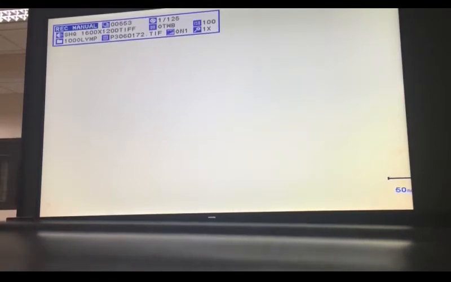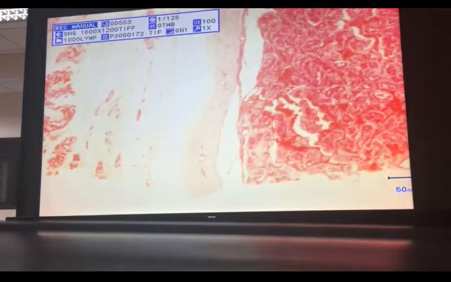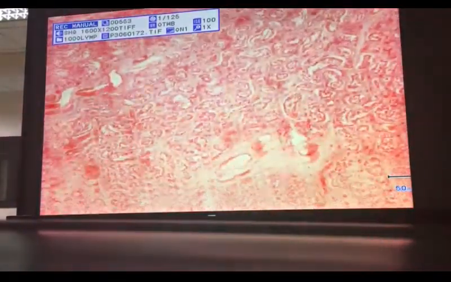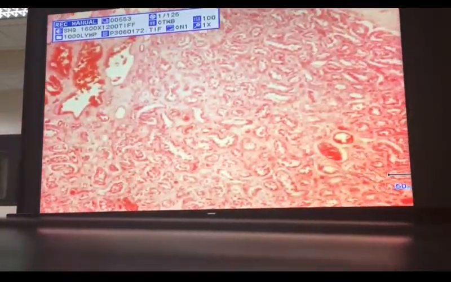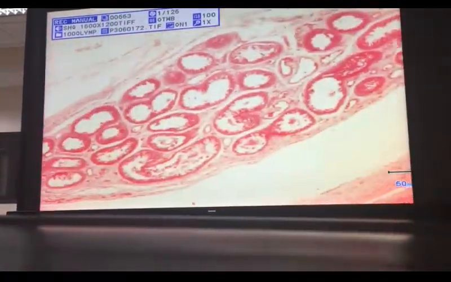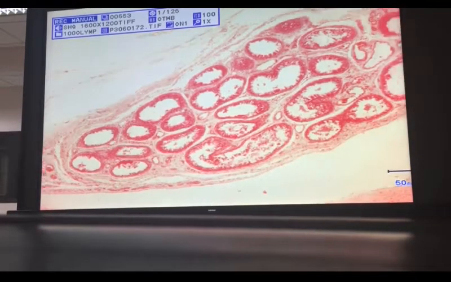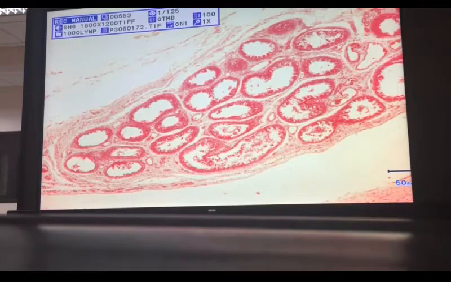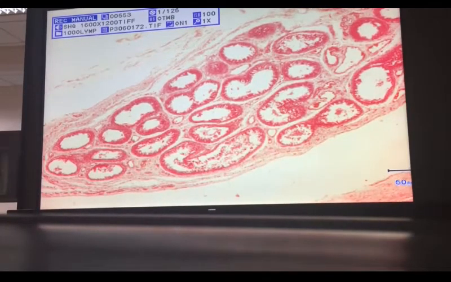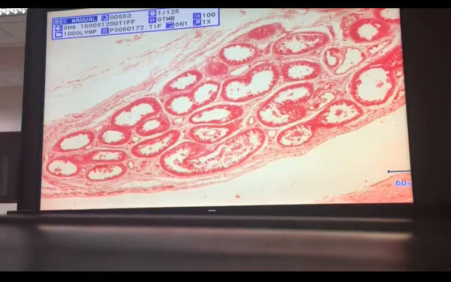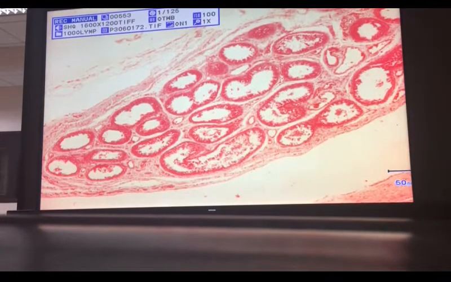Before entering the epididymis, there will be a series of intratesticular and extratesticular ducts. Epididymis. Just like the seminiferous tubules, the epididymis is also a highly coiled tubular organ.